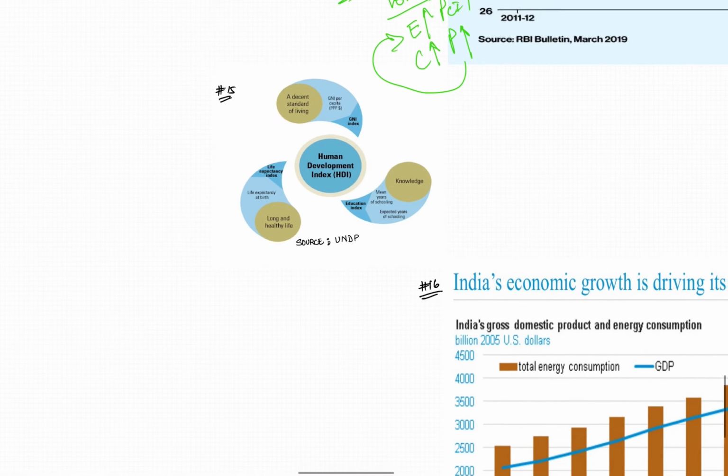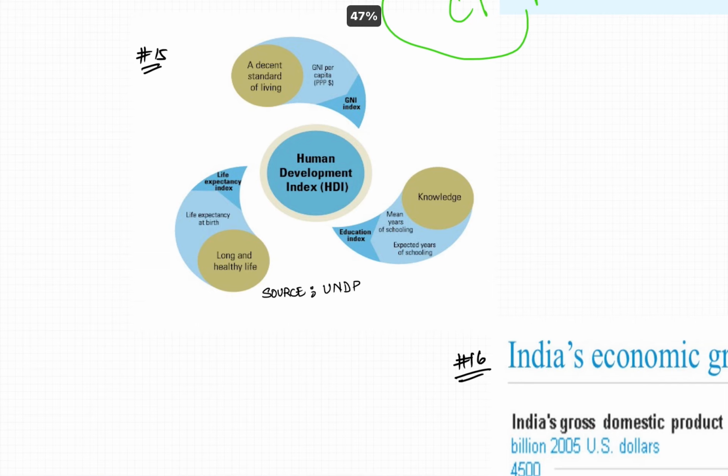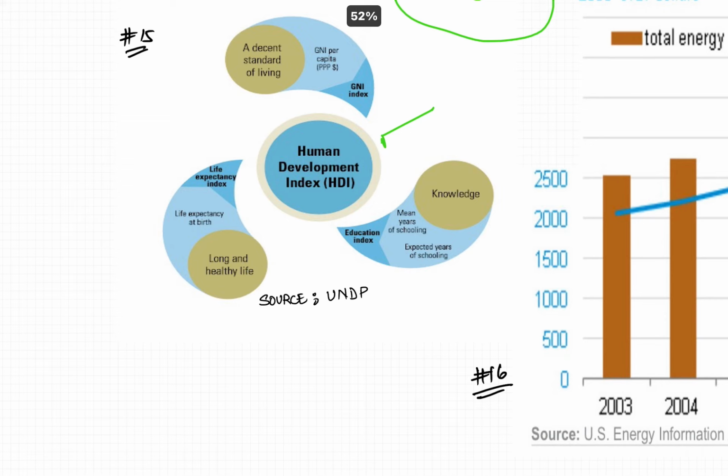Now, one more indicator of an economy that is growing is the Human Development Index. Now, what do you mean by that? There are three pillars of the Human Development Index: a long and healthy life, a decent standard of living, and knowledge.